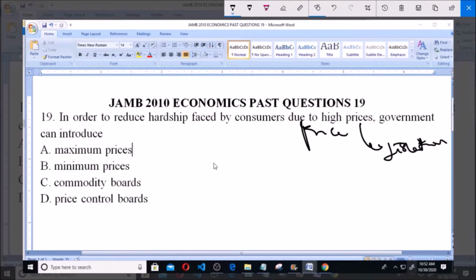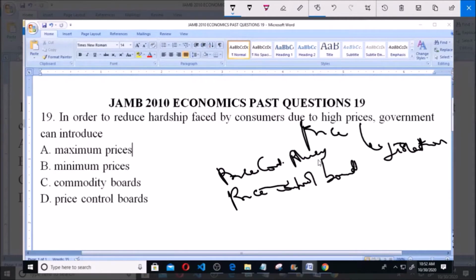When price legislation was introduced in Nigeria, it was carried out by the Price Control Board.